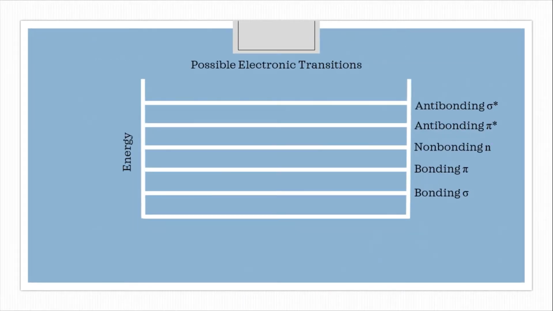There are 4 types of possible electronic transitions for sigma, pi, and n electrons as shown in this energy level diagram. Sigma to sigma star, pi to pi star, n to sigma star, and n to pi star.